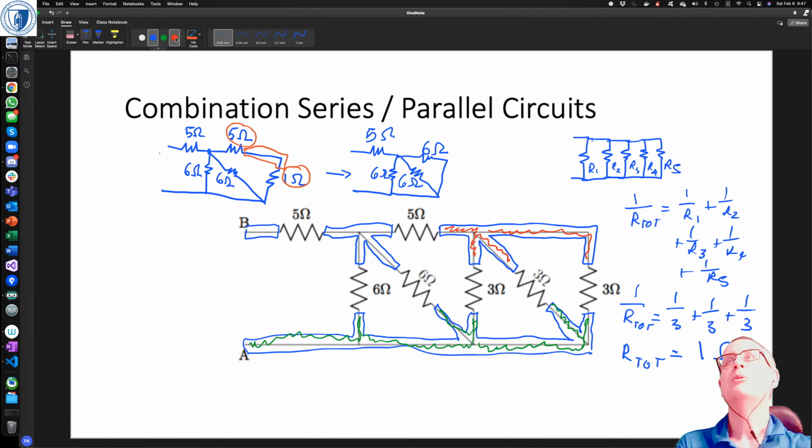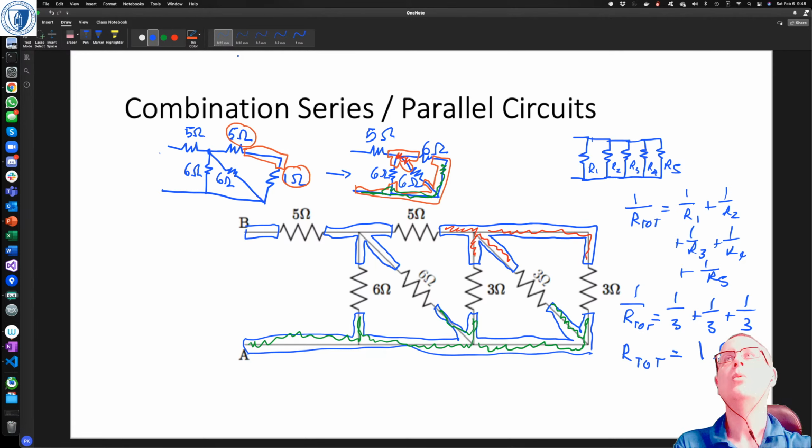And now we can look at the nodes again, and we can see that there's a node. And again, we've got this node here. Those 3 6 ohm resistors are all connected between the same 2 nodes. Again, I'll use green for this one. So now we can do the same thing again.